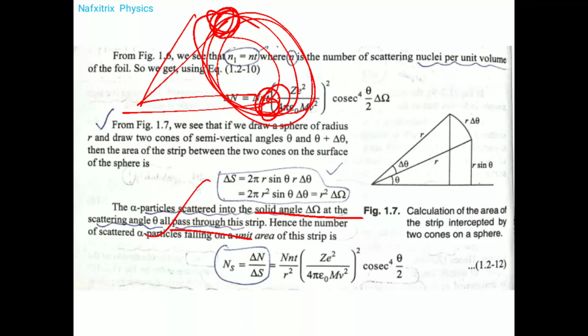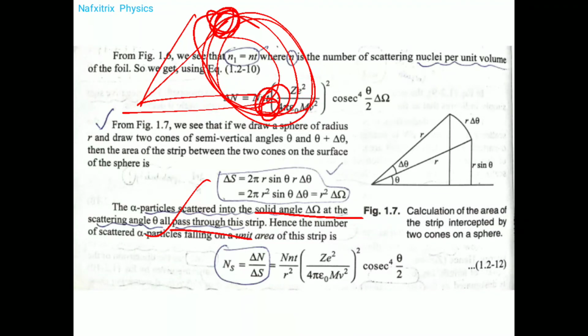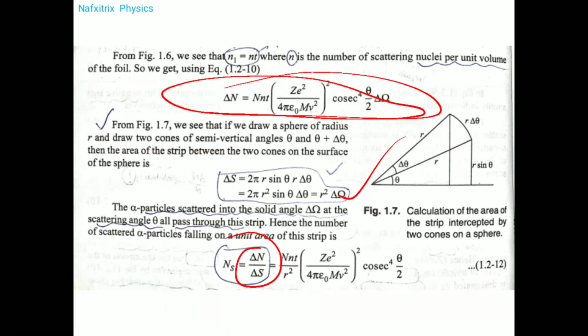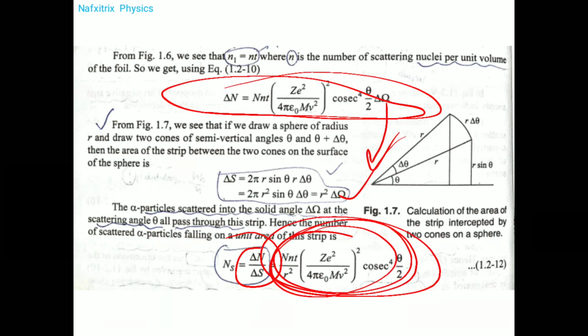Hence the number scattered falling per unit area of the strip: for the entire area of the strip it is delta n, and for unit area of the strip, delta n by delta s. If we divide this equation by this, we finally get this.